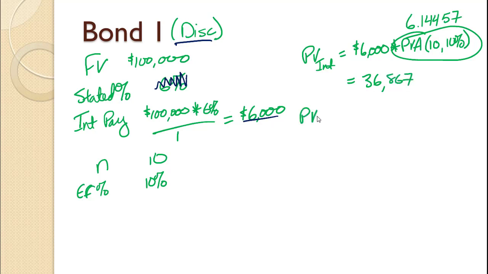Now we'll do the present value of the principal, or the face value. Face value is $100,000. Use the present value table this time. It's a lump sum, 10 periods, 10%. Now we need to go get this value.